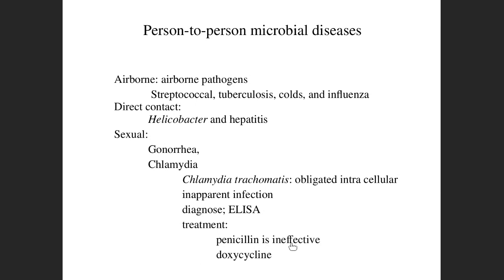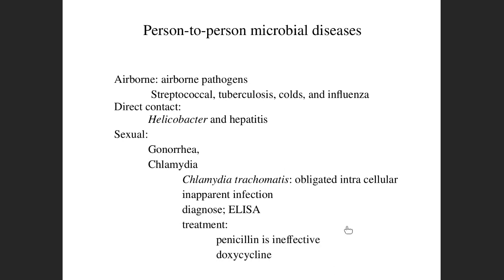This bacteria doesn't grow outside, it grows inside the human cell, where penicillin is less accessible. What is accessible, what can be treated, is doxycycline. That is the antibiotic that can be used to treat this chlamydia infection.